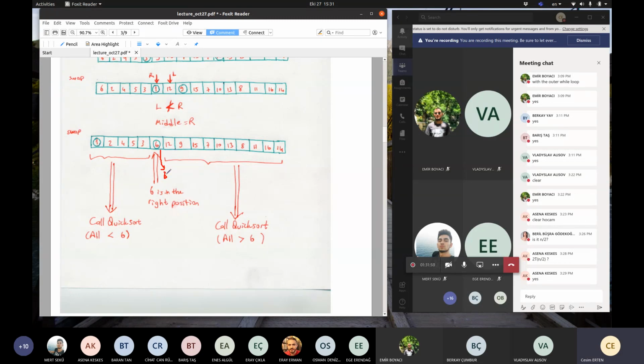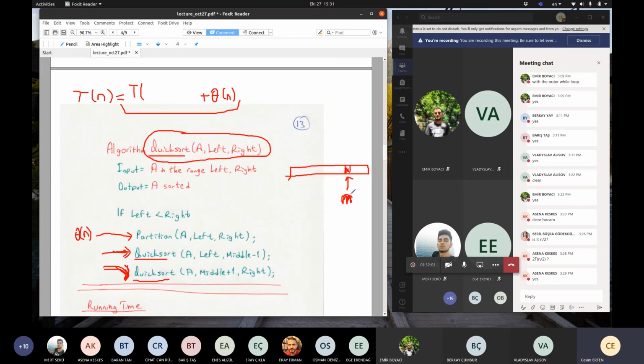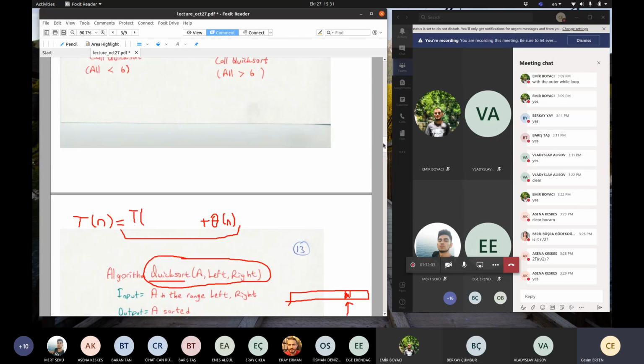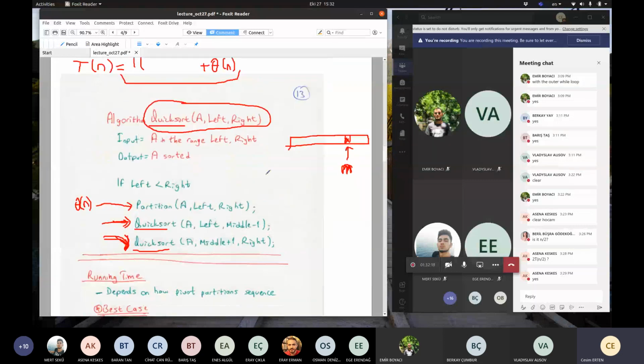In this case, our value for m is 6. So this m might be anything. If my pivot for this whole array was, for instance, 15, then the middle index would turn out to be towards the end. That would be the middle pointer that is output by the partition.